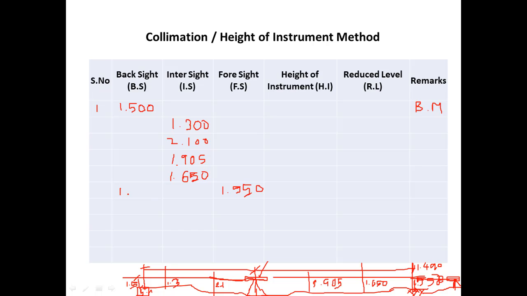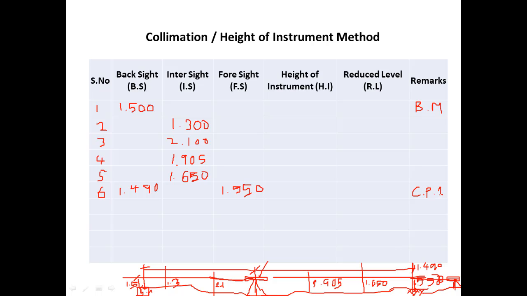This reading I am going to write in the backside, 1.490. So likewise my entire process is to be completed in the field. This is my change point position, so I am going to denote it as CP1.